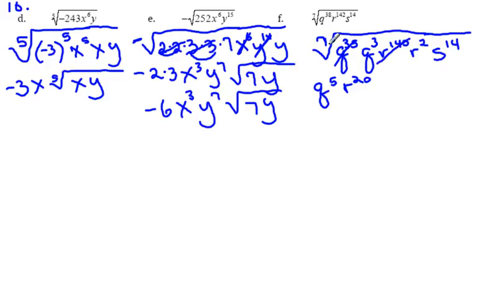S to the 14th, 14 is a multiple of 7, it goes in 2 times, so that's s squared. I used that. What's left under my radical sign is q cubed, because 3 is not divisible by 7, and r squared. And that's my final answer.